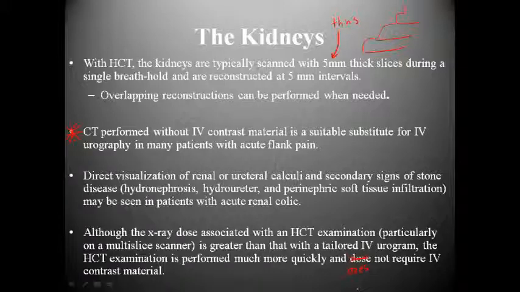and they do have a history of renal stones, but they're running a fever and all of this, and so you take them, and if you only did an IV urogram, then you're only going to be looking for the kidneys. But what if when you're scanning the patient with an abdomen pelvis without contrast, you actually see that they have an inflamed appendix, and so that was causing the right flank pain.